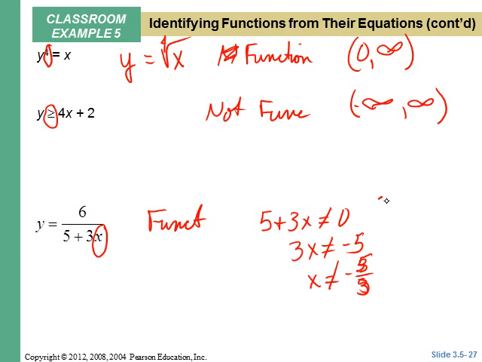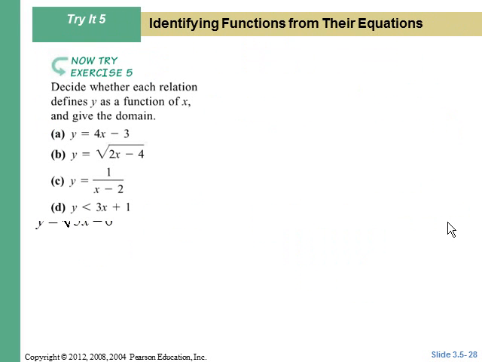So we would say parentheses, -infinity, comma, -5/3, parentheses, union, parentheses, -5/3, comma, infinity. So the only number that doesn't work is -5/3. You do this one.